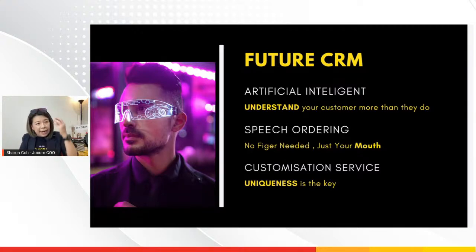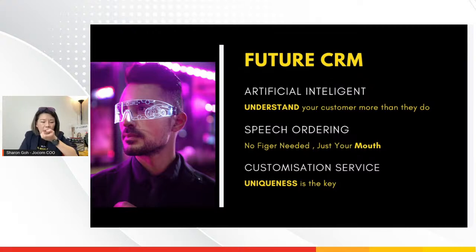Another one is speech ordering. It's coming. In fact, some countries are already running with that. Now you still have to go to the platform and key in on the search what you want. But now the platform has elevated into another level. I've seen some platforms already running this, which is speech.